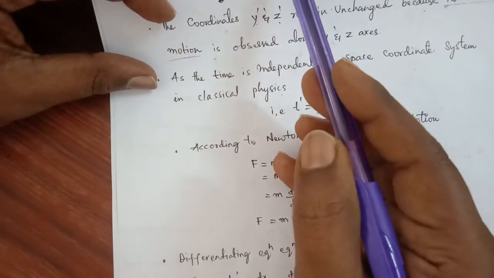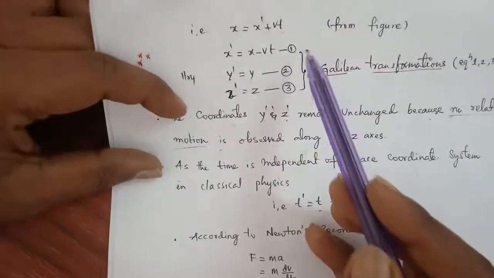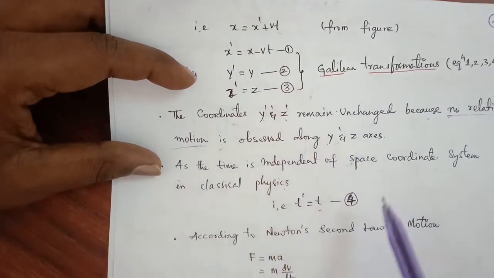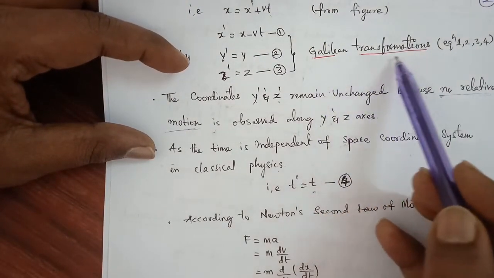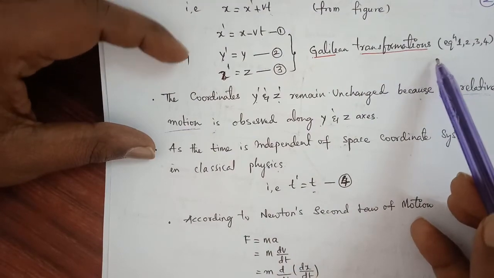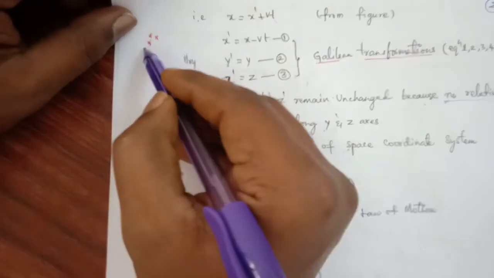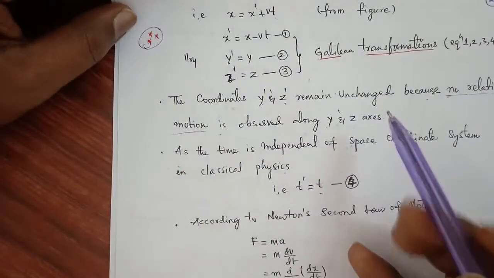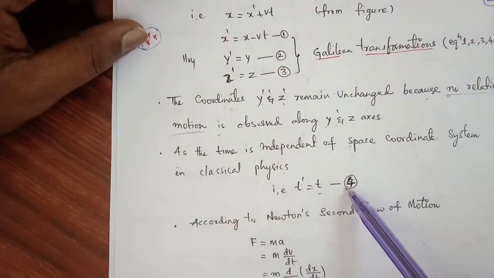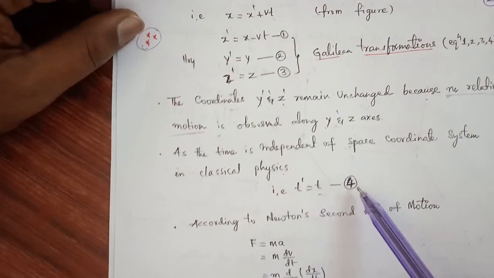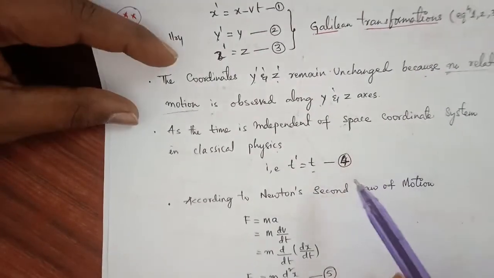So equations 1, 2, 3 and equation 4 are called the Galilean transformations. Clear? This is very, very important for 2 marks. Write the Galilean transformation equations. These 3 and this 1 you have to write. So these are the Galilean transformations.